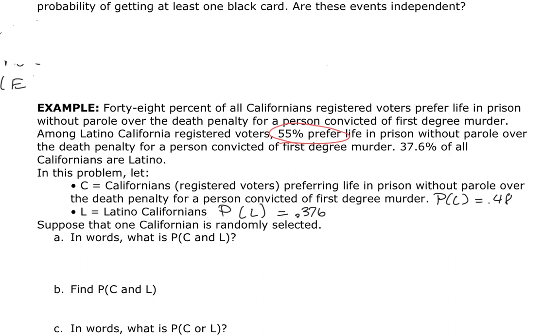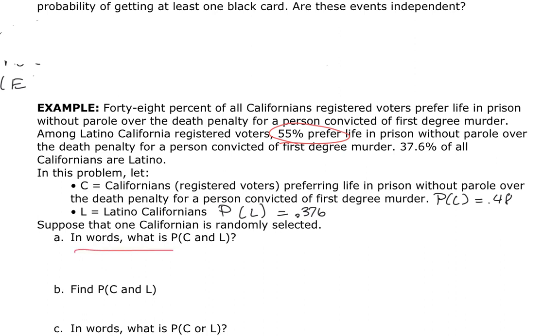So in words, what is the probability of C and L? Well, the probability of C and L in words is the probability that I'm going to choose somebody that is a registered voter in California who prefers life in prison without parole, as well as the overlap of that person being a Latino.